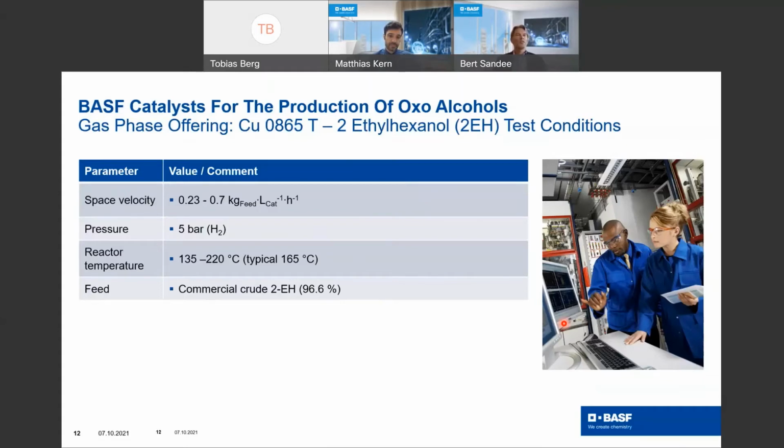And we've been scanning at temperatures in the range of 135 and 220 degrees C, whilst the hotspot is assumed to be around 165 degrees. And we've used commercial crude 2-ethylhexanol for this test, which is close to 96.5% purity.